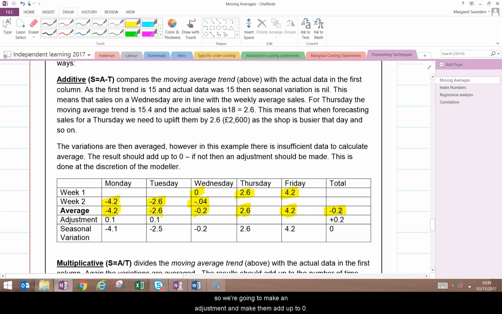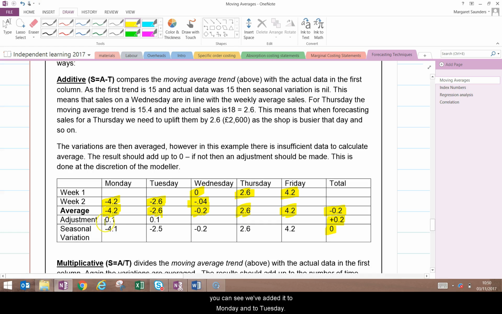So we're going to make an adjustment and make them add up to 0. Because it's minus 0.2, we need to add 0.2 to get it to come to 0. Now how you choose to add that 0.2 is entirely up to you. It is such a small number, it will make very little difference as to how you add that 0.2.